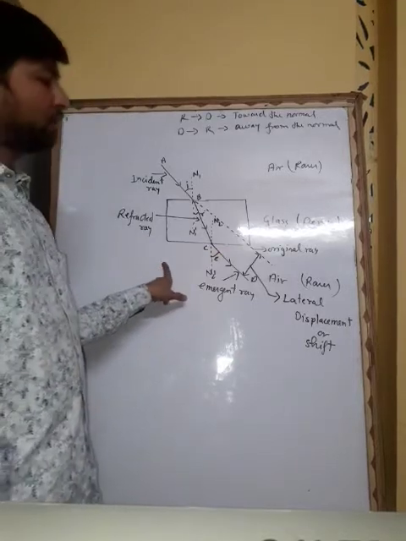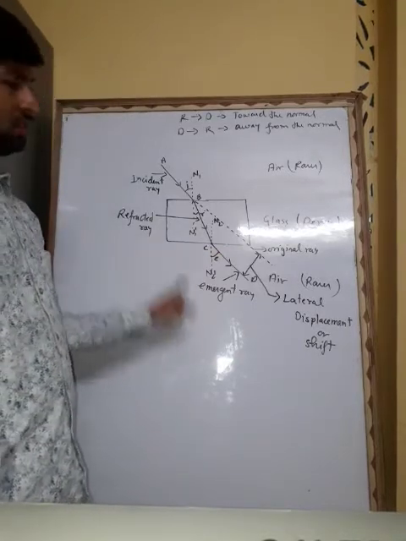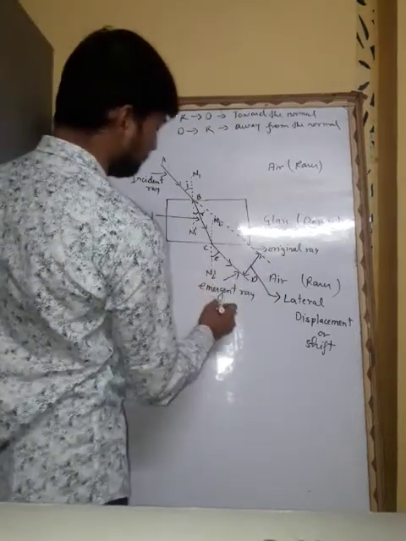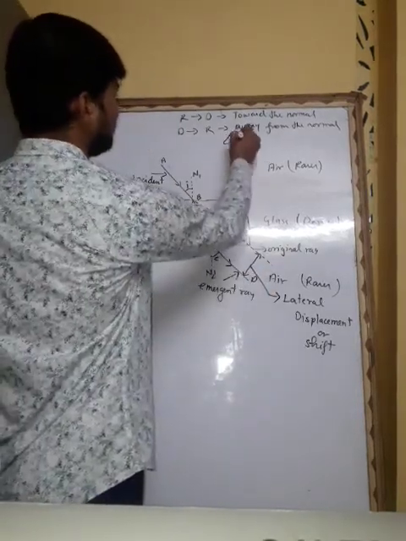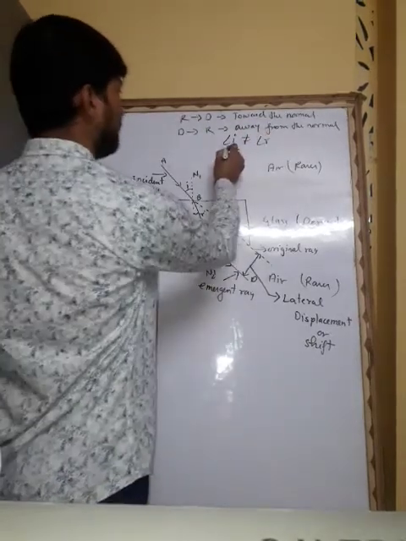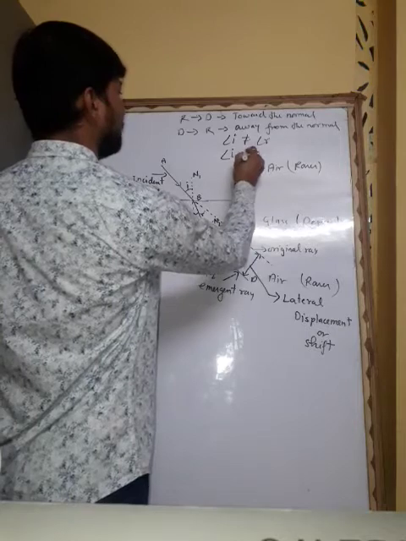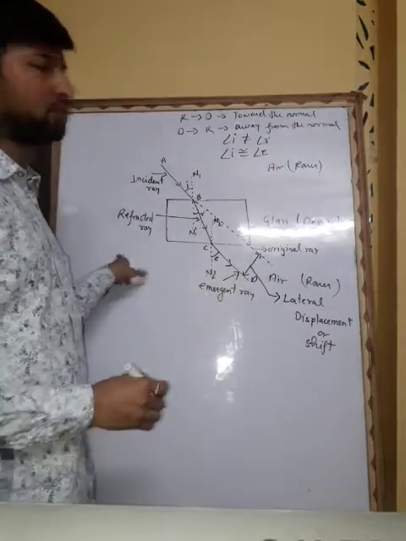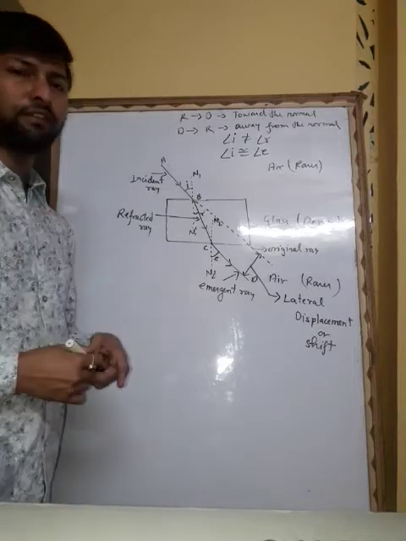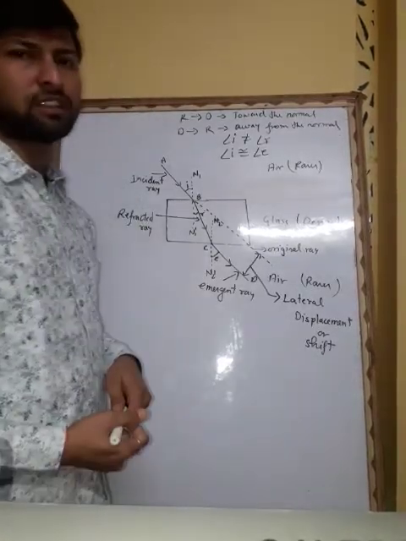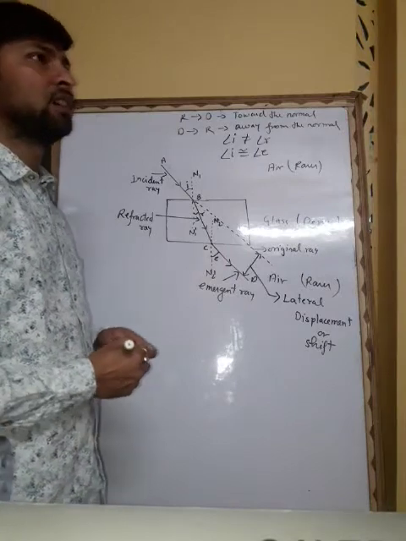Angle I is never equal to angle R, but angle I is nearly equal to angle E. So this is the refraction part, and now we will discuss refraction through a glass slab.